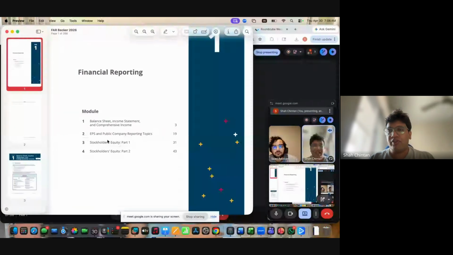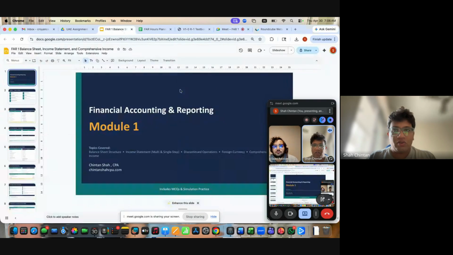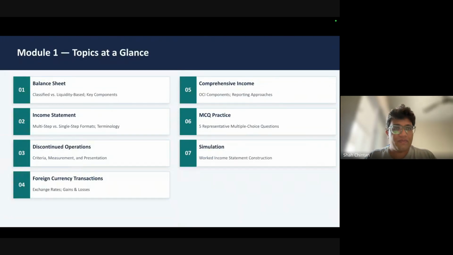We'll capture module one over the next 2 or 3 sessions, and then you will have one exam for them. So let's understand what is covered under the income statement, balance sheet, and OCI format. A little bit of concepts are covered for discontinued operations and foreign currency transactions.